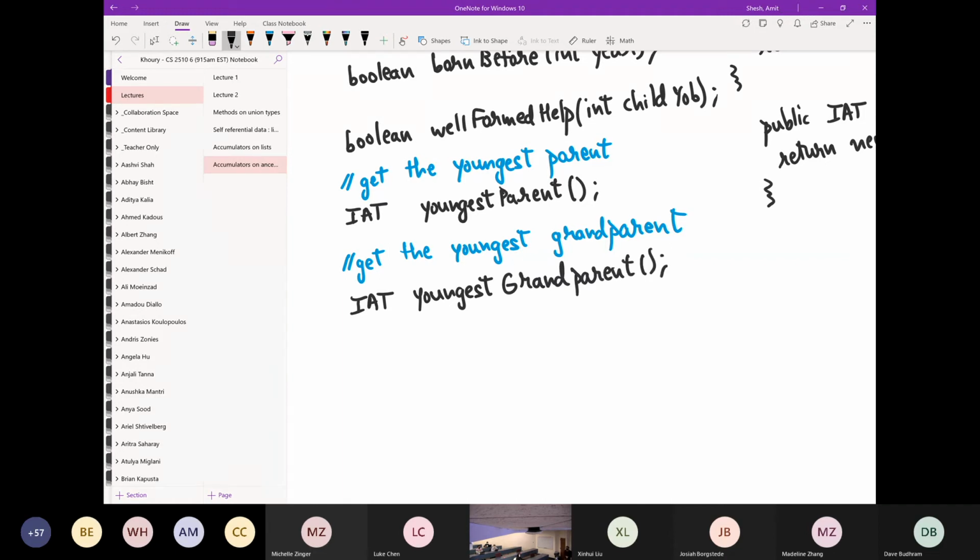Now, again, for those of you who are remote, please raise your hand instead of directly typing in the answer to give benefit to other people who are trying to work through it as you think you already have an answer. But once again, I would like you to tackle this for the person. The youngest grandparent of this person is. Try to finish that sentence. For those of you who are remote, again, if you think you have it, just raise your hand. Do not type it in the chat.